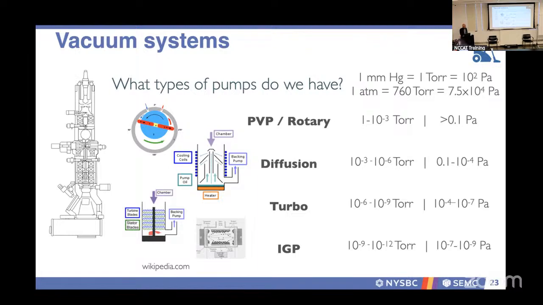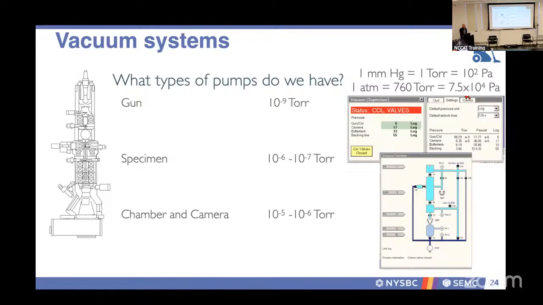Something that happens in reality is that the vacuum is not constant throughout the column of the microscope. You have extra vacuum systems near your electron source to pump it down. Your specimen can be a couple orders of magnitude lower. And then when you get to your detection device, it's even a couple orders of magnitude lower than that.